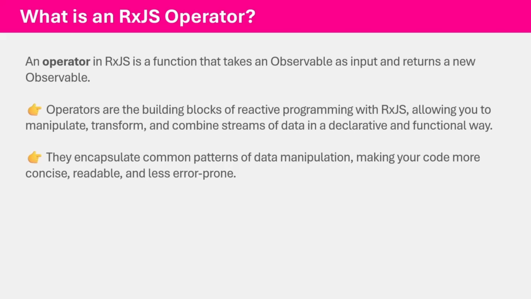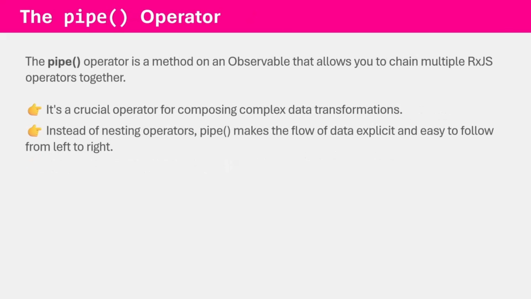So in this lecture, let's talk about a few of the common RxJS operators which we will be using a lot when using NgRx effects and at other places in an Angular NgRx application. And let's start with the most common one, which is the pipe operator. The pipe operator is a method on an observable that allows you to chain multiple RxJS operators together.